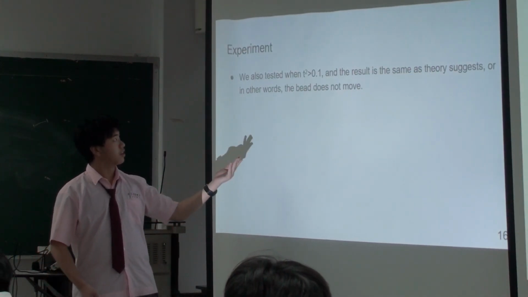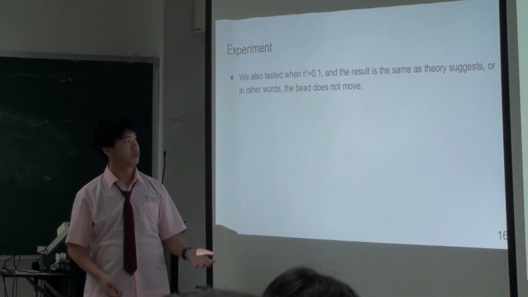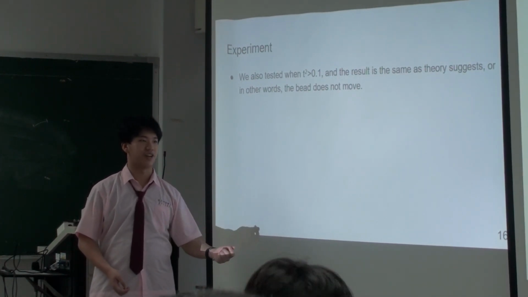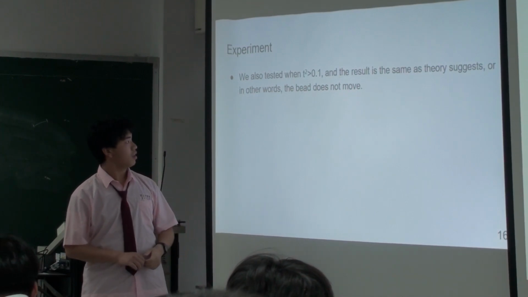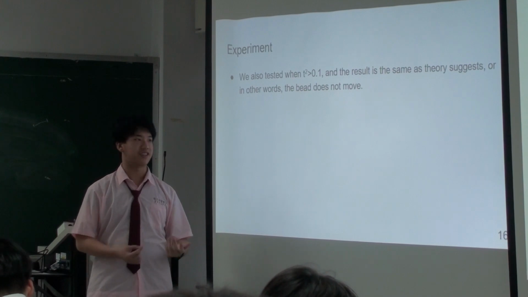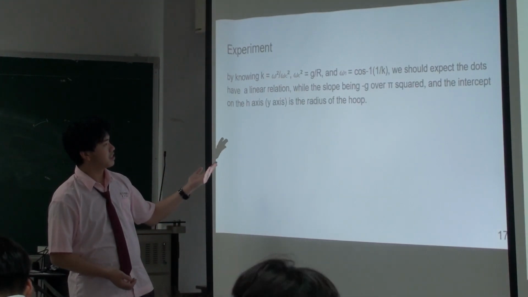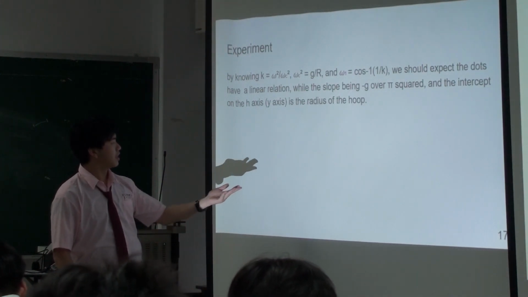This is another experiment. We tested when t squared is over 0.1, and from the same conclusion as before, the theory suggests that the bead will not move, and it does not. This is how we calculated.